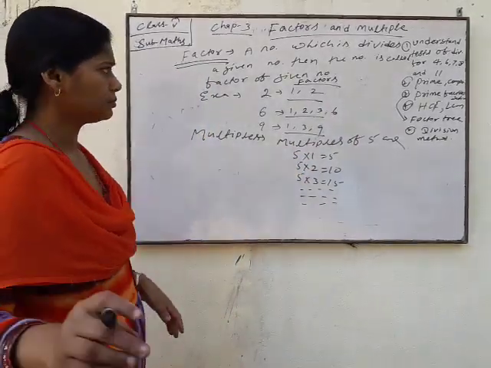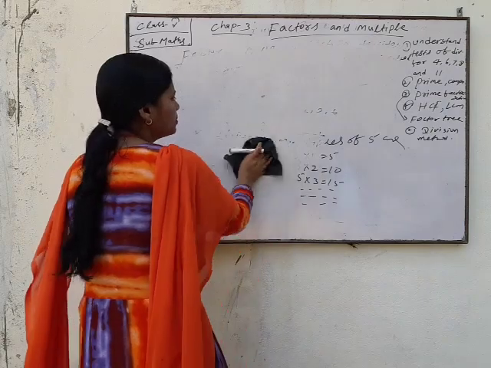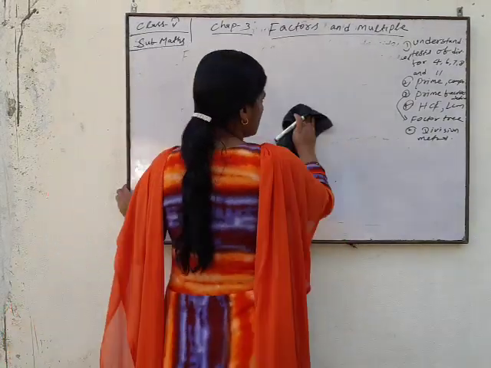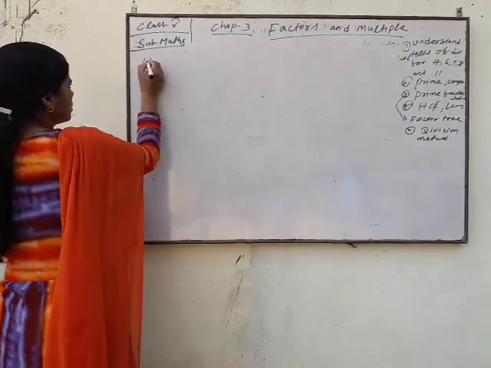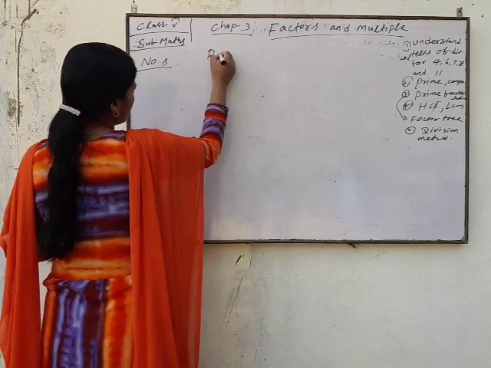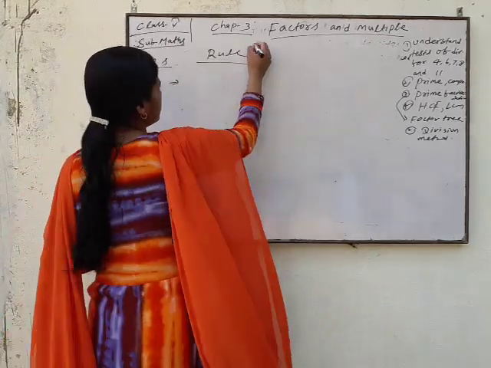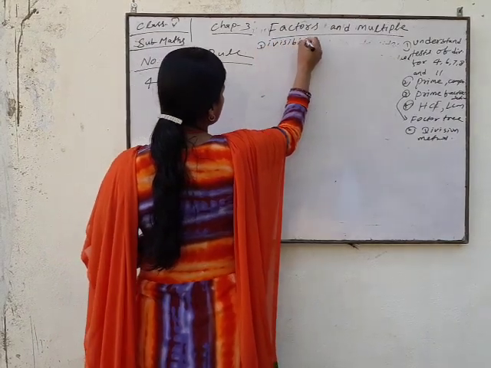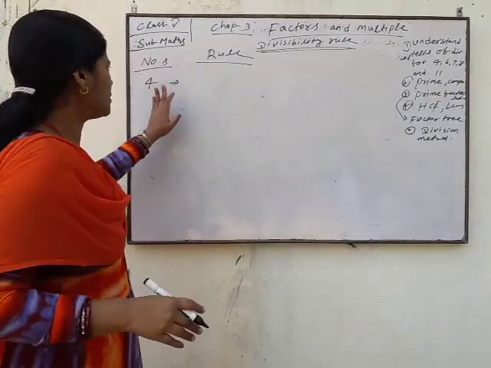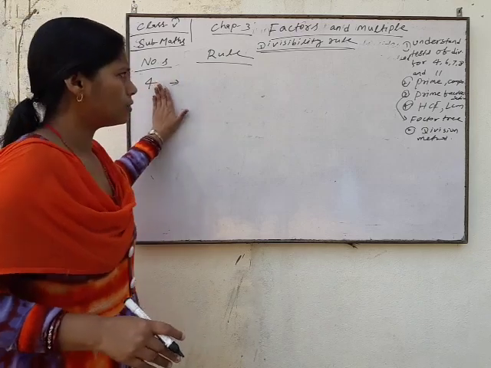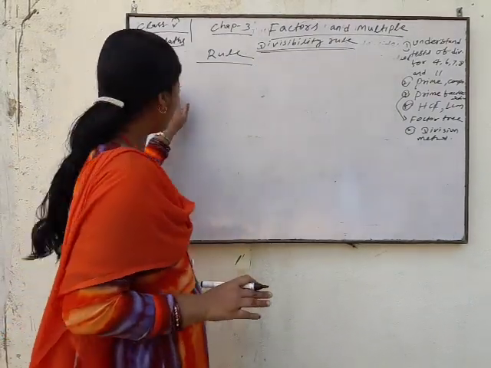Okay, so now we'll discuss some tests of divisibility for 4, 6, 7, 8 and 11. First the divisibility rule for 4.